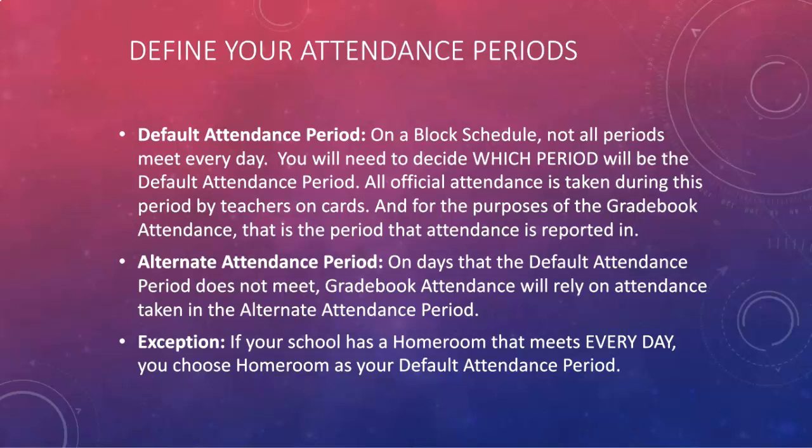It wouldn't make sense to report attendance in third period every day if third period only meets Monday, Wednesday, and Friday of that week. The alternate attendance period is for the days when that default attendance period does not meet. So Gradebook attendance will rely on the attendance taken in the alternate attendance period on those days.